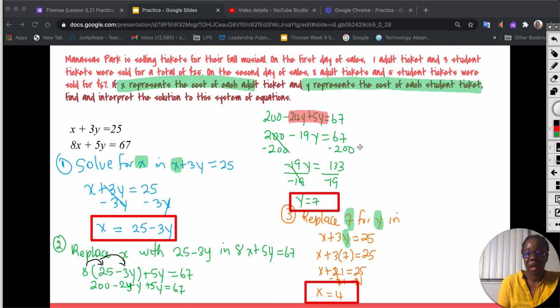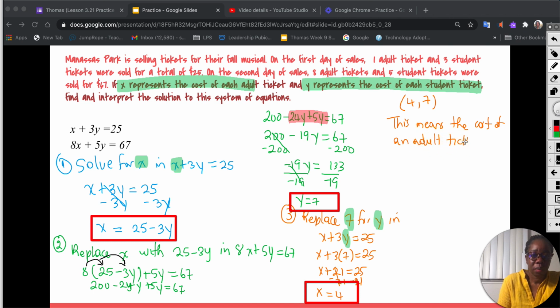So what it means in this context is that the solution that we have, which is 4, 7, means the cost of an adult ticket is $4 and the cost of a student ticket is $7.